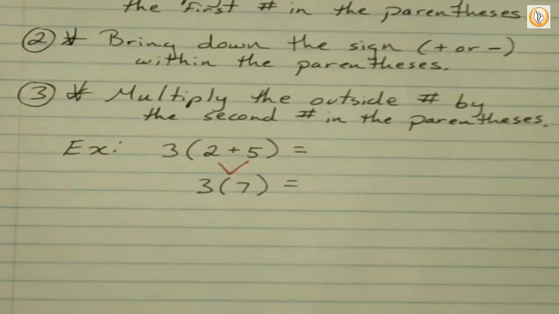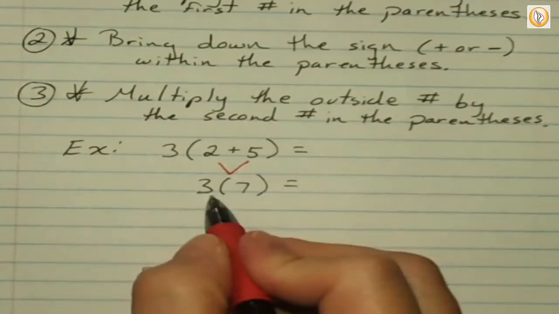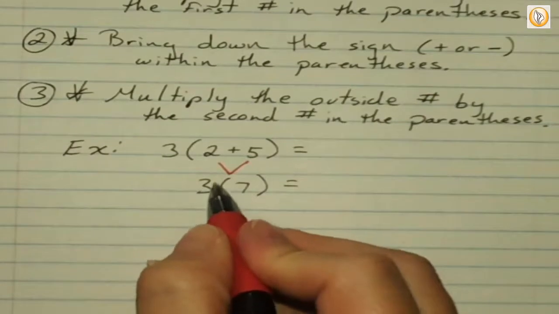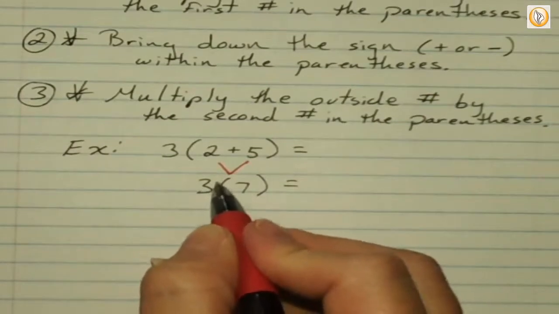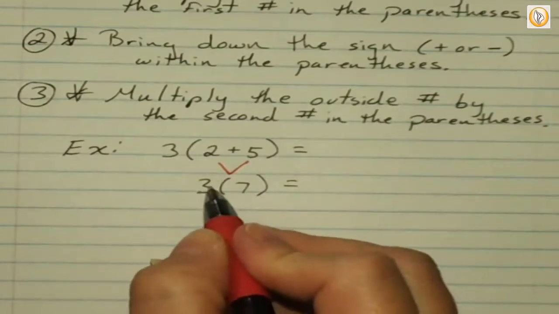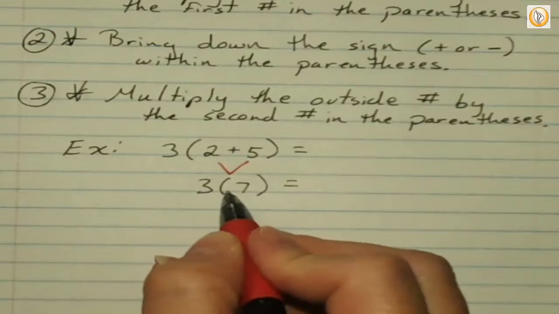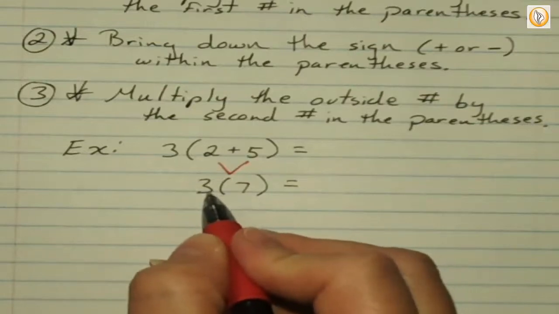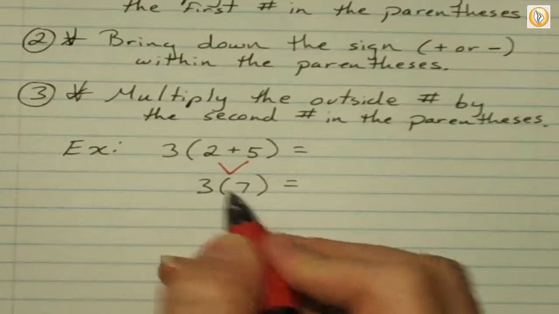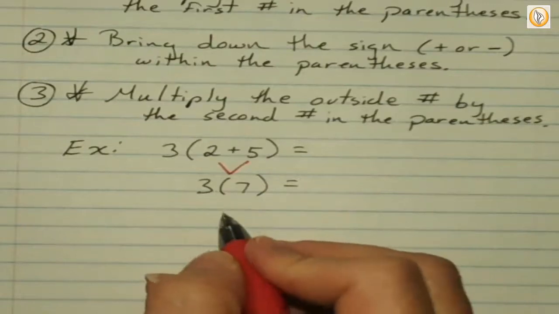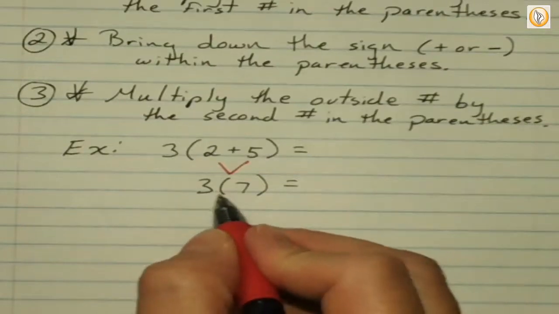Tanner, you notice there's no sign right here. It's just a 3 next to the parentheses. So what do I do when there's no sign between the number or letter and the parentheses? Multiply. That's right. When things are right next to each other like this, you multiply.